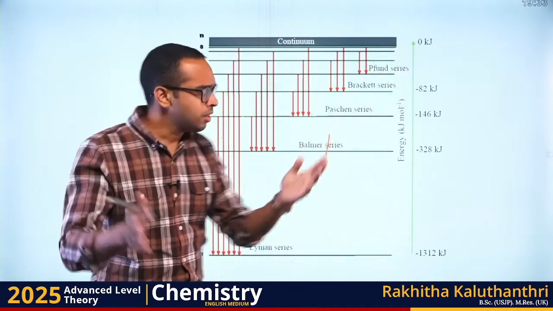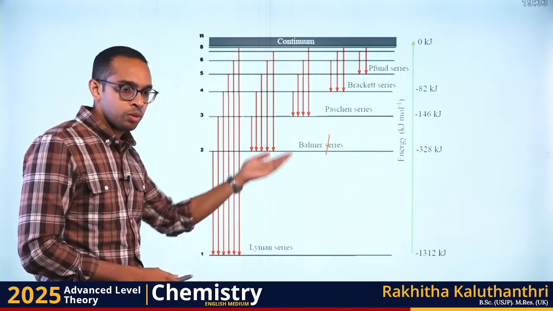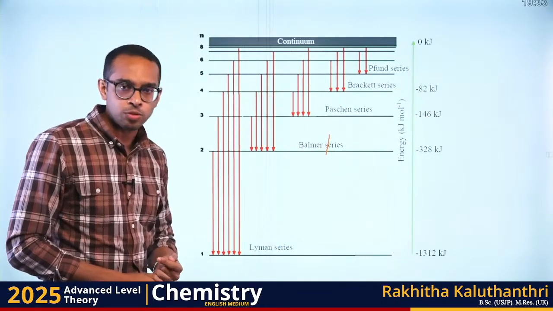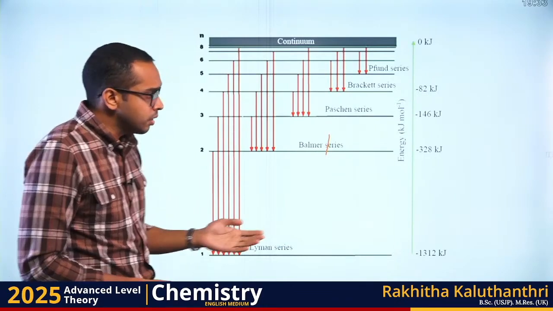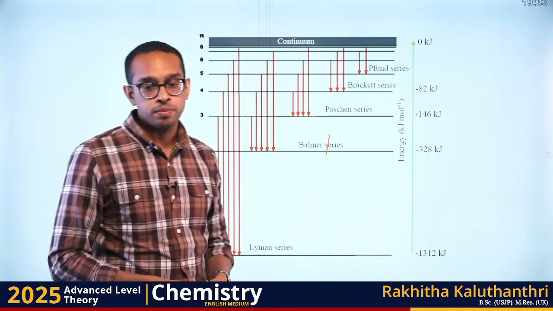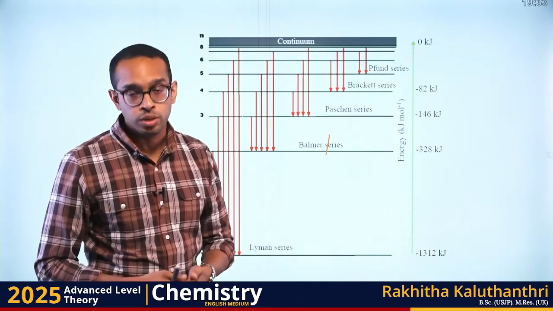And we learned, as we go away from the nucleus, the energy of each energy level is increasing. But in the textbook, we have been given these very weird energy values here. So what is the explanation to this?